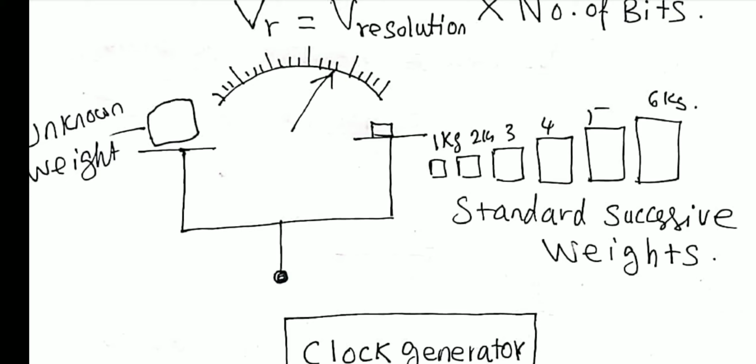Until the dial comes to the 0 position, that is, until the right pan equals the left pan, I keep on adding weight. Once it becomes equal, I stop adding weight, and now the weight on the right pan is equal to the mass of the unknown mass. That is the idea.